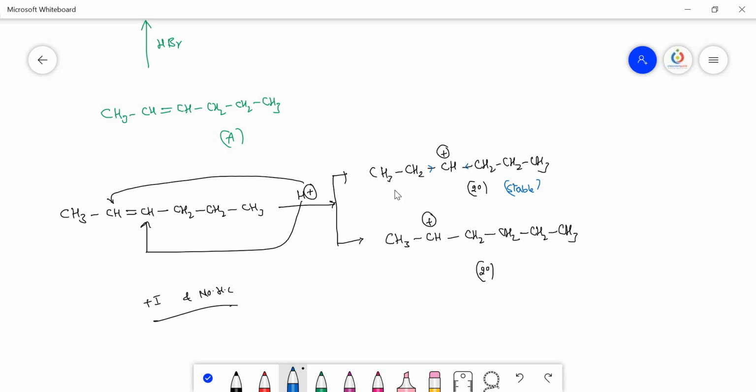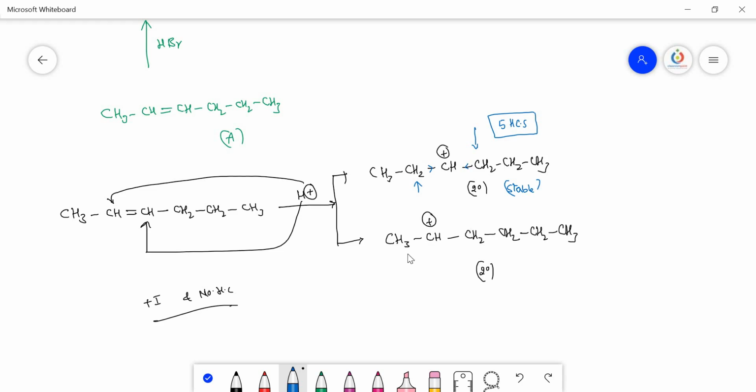Or else, if you take the hyperconjugative structures, here two hydrogens, here also two hydrogens, totally 4 alpha hydrogens. Including the original structure, there are 5 hyperconjugative structures possible, because number of hyperconjugative structures equals number of alpha hydrogens plus 1. So here 4 plus 1, 5 hyperconjugative structures are possible.